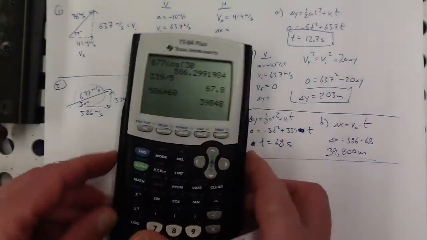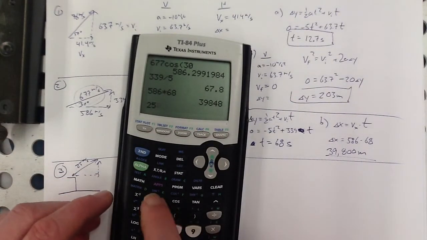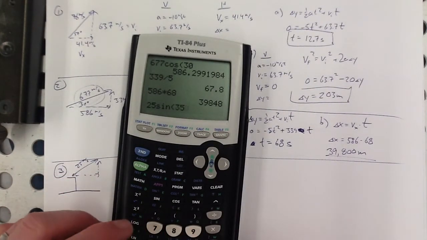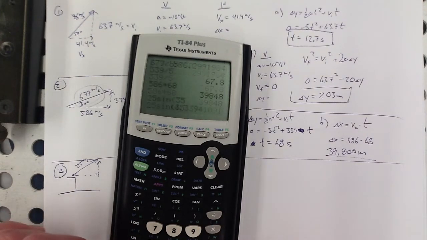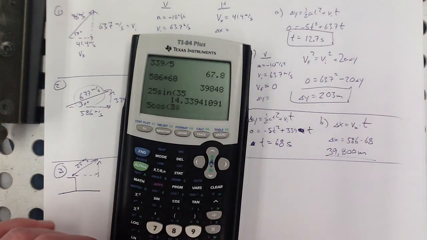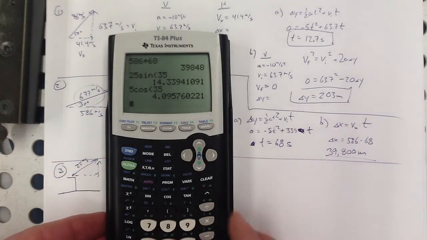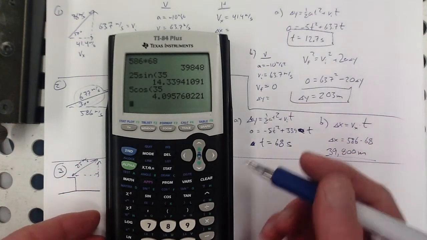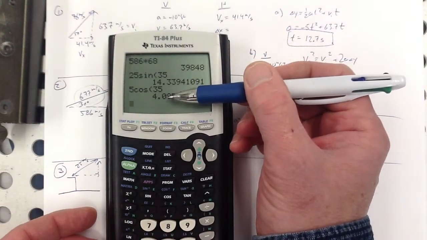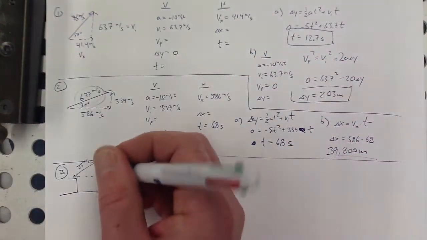Go ahead and get those 25 sine 35 and 25 cosine 35. So go 2 sig figs on this one: 14 and 4.1.